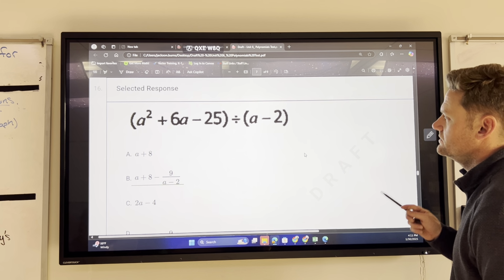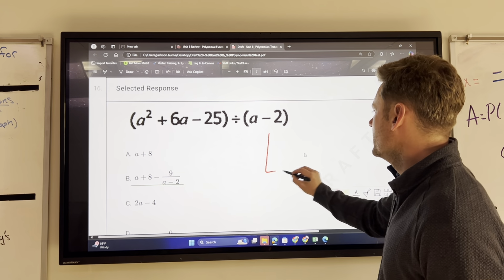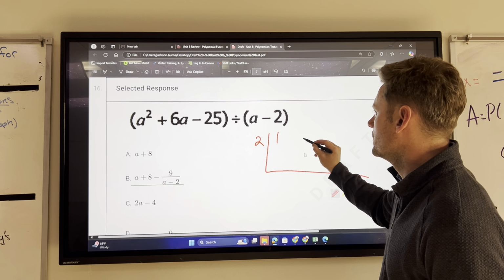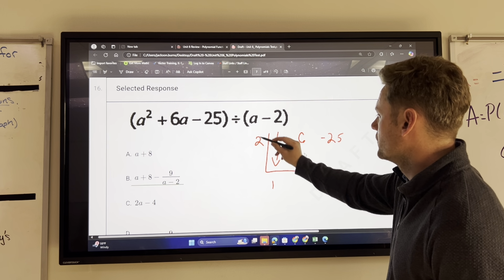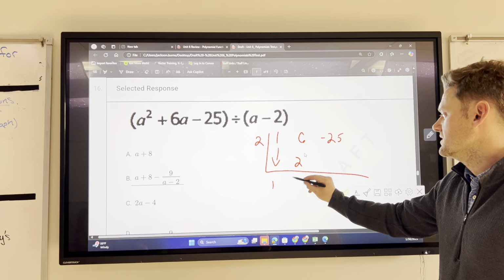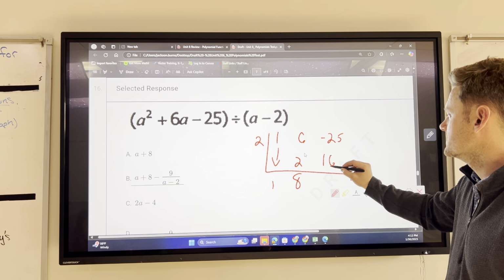All right, this one, you can do synthetic division on this one, yay. Remember I have x minus 2, so this goes to positive 2, 1, positive 6, negative 25. Bring down the 1, 2 times 1 is 2, 6 plus 2 is 8, 2 times 8 is 16.